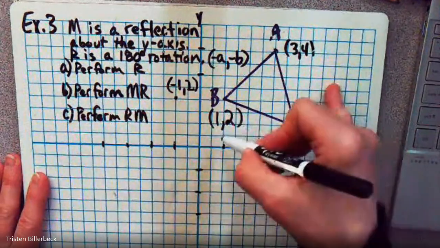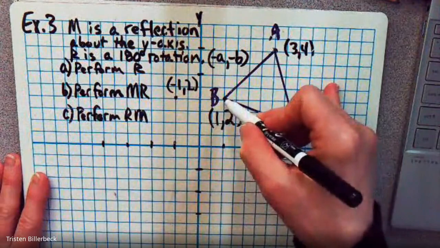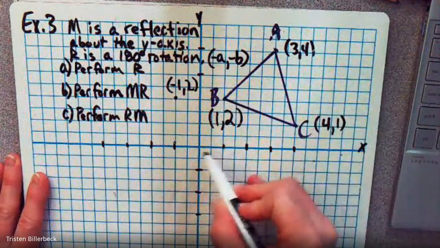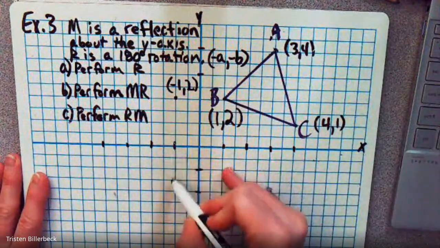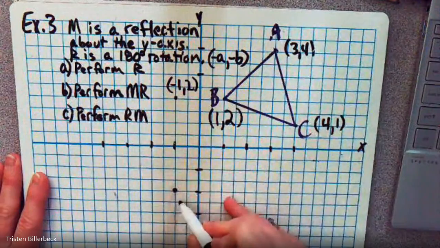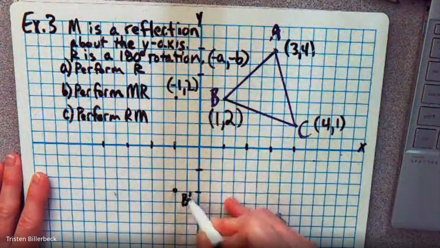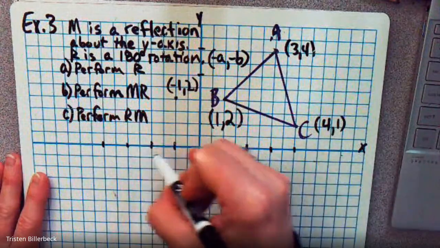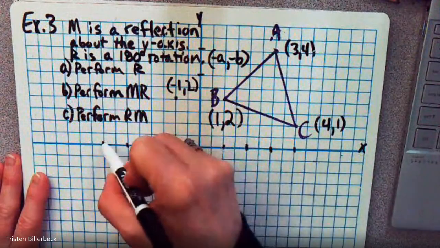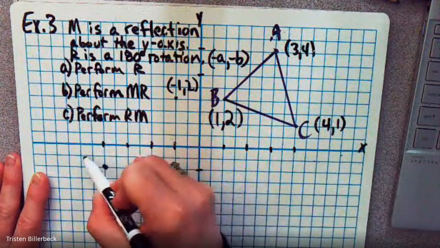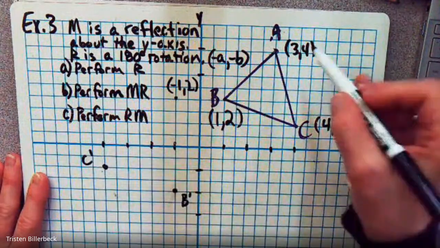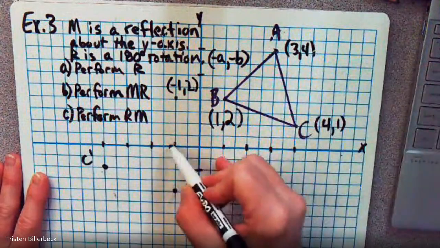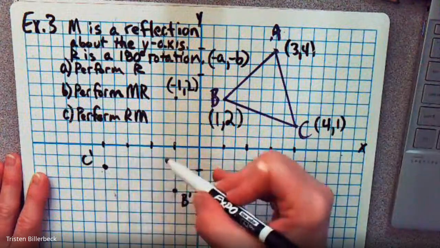If this is 1, 2, then we're going to do negative 1, negative 2 for B prime. If this is 4, 1, then we count 1, 2, 3, 4, and negative 1 for C prime. And if this is 3, 4, it's negative 3, and then negative 4.